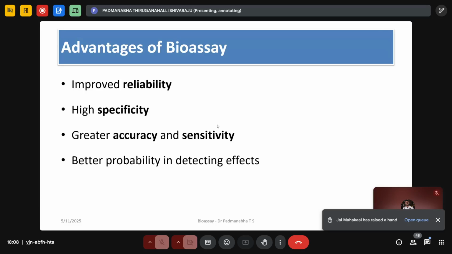It also gives a better probability of detecting the effects, since we are comparing with the standard drug or a standard dose of the known molecule. So we'll be able to easily compare how this unknown product is producing its effect. And also, where specificity is crucial, we need specificity towards the individual compound and how this compound will respond to the individual tissues as well. So whenever we require specificity, we go for a bioassay.